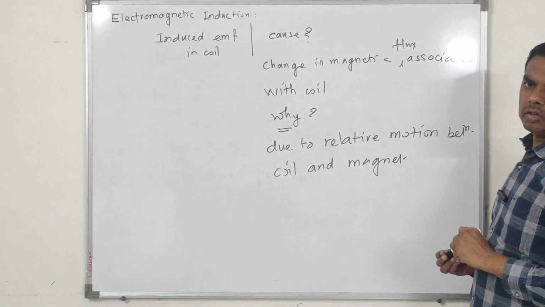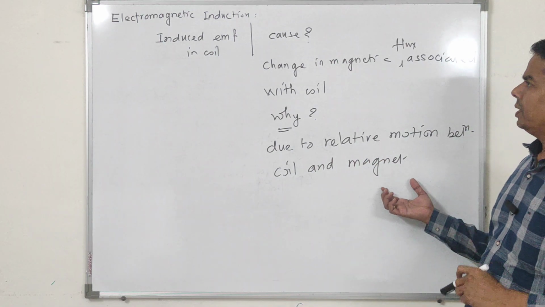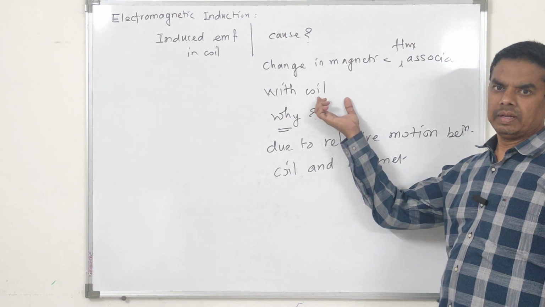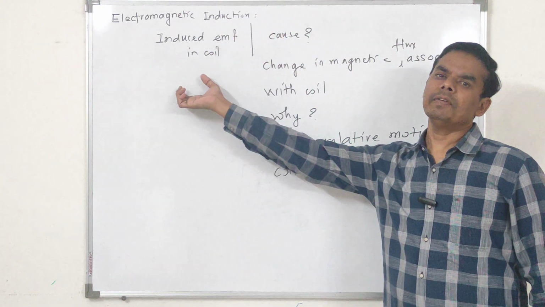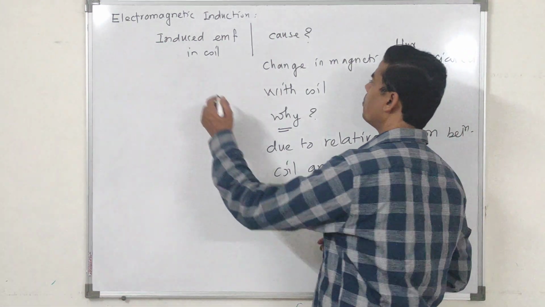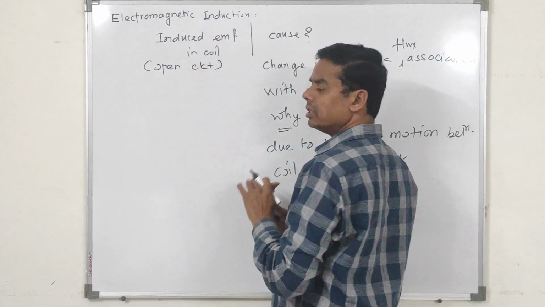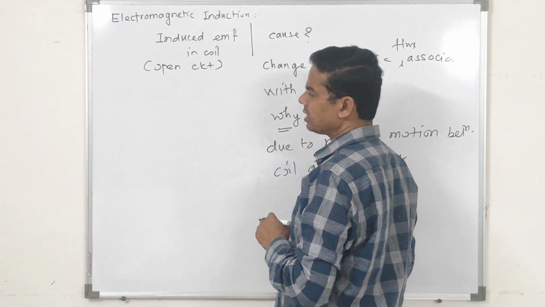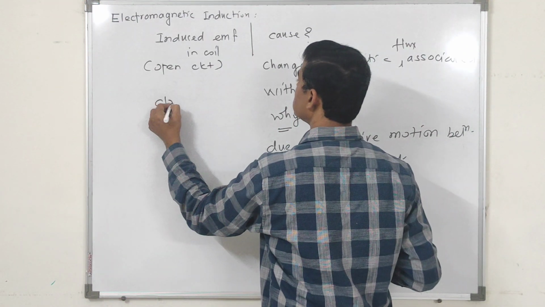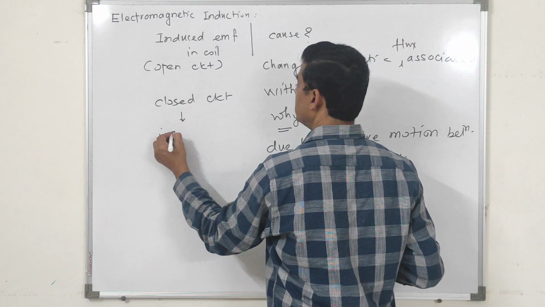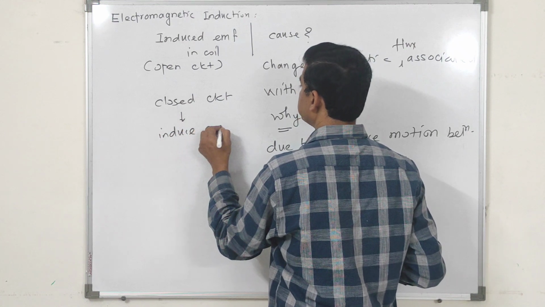If there is a relative motion between coil and magnet, the magnetic flux associated with the coil changes. This induces an EMF in the coil. If it is an open circuit, only EMF will be induced; there will be no induced current in the open circuit. But if it is a closed circuit, then it will also induce current in the circuit.